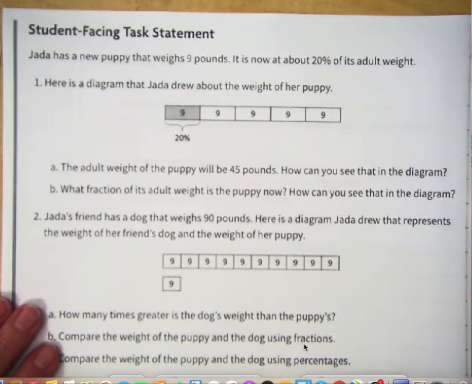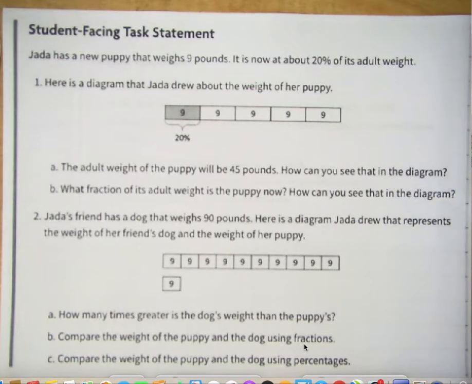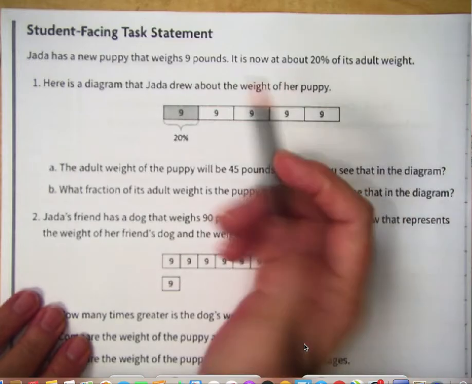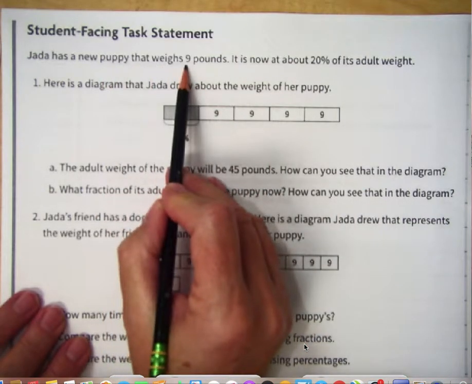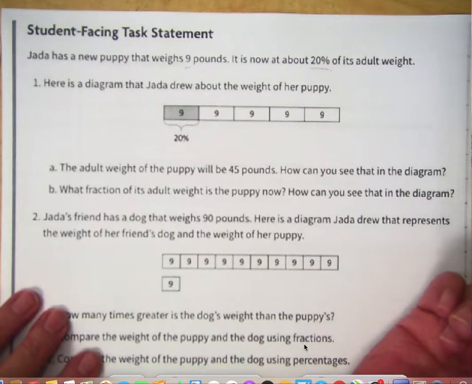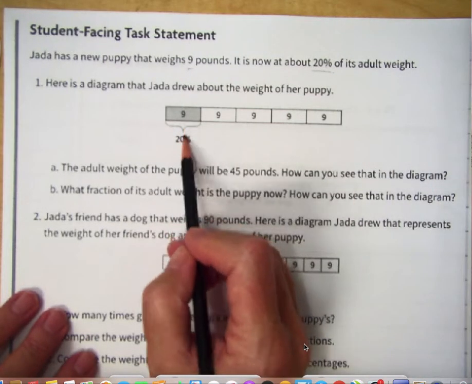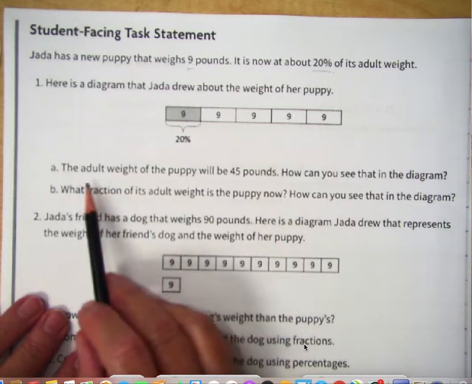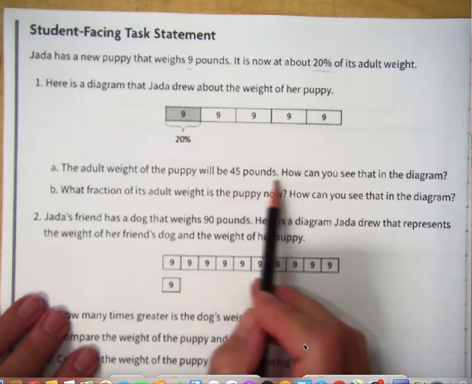All right, so here we go. One of my favorite topics, puppies. Jada has a new puppy that weighs 9 pounds, and it is about 20% of its adult weight. So here's the diagram that Jada drew about the weight of her puppy. Okay? So this we know from the problem, 9 pounds and 20%. Okay, 9 pounds is 20%. The adult weight of the puppy will be 45 pounds.